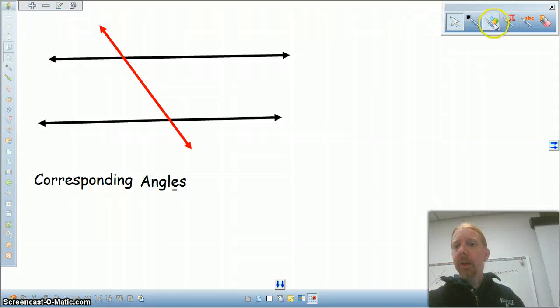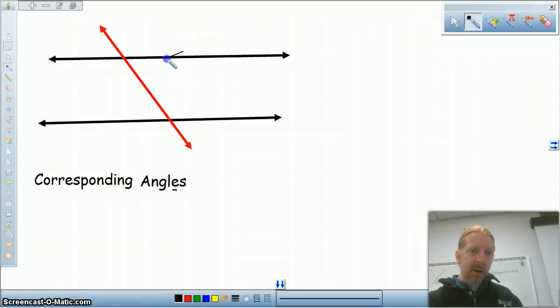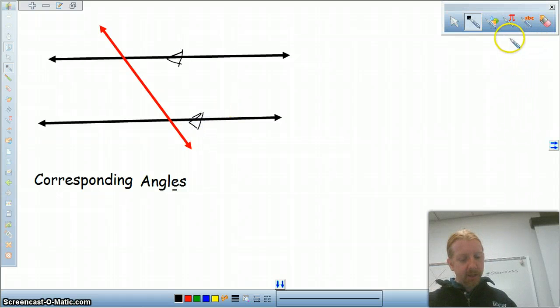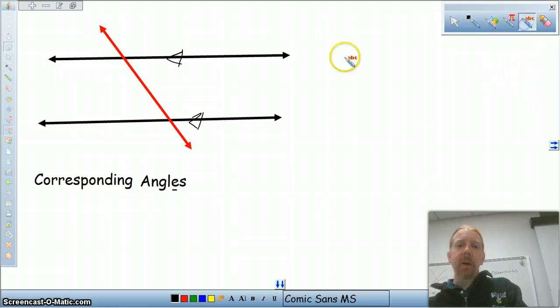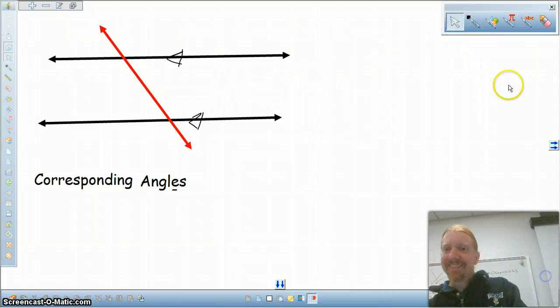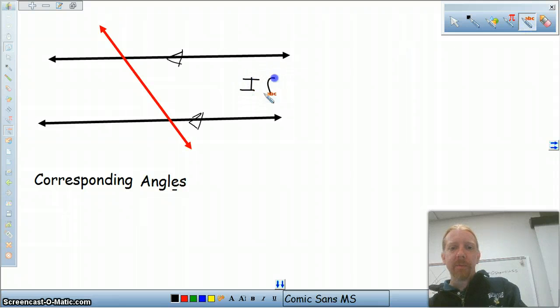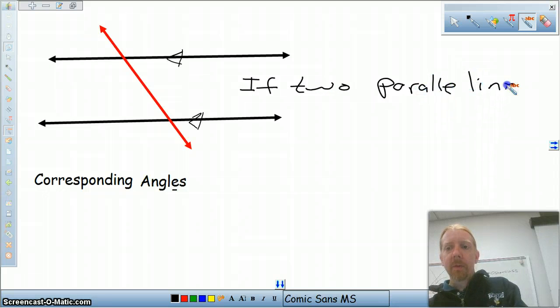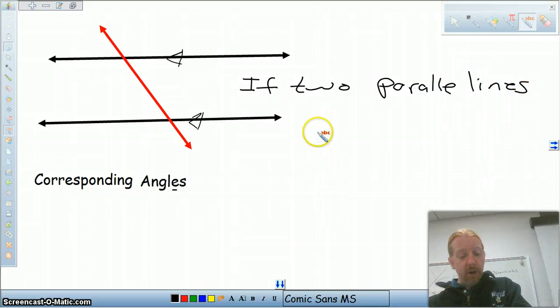Corresponding angles. And again, we did say these lines were going to be parallel to make this work. They all start with the same idea: if two parallel lines are cut by a transversal. So that's where they all start.